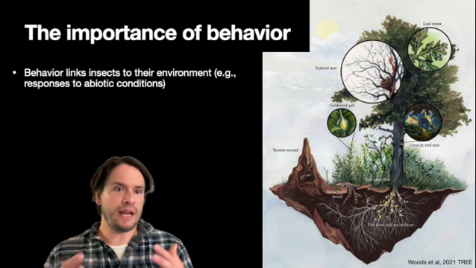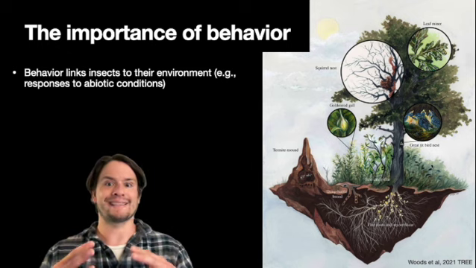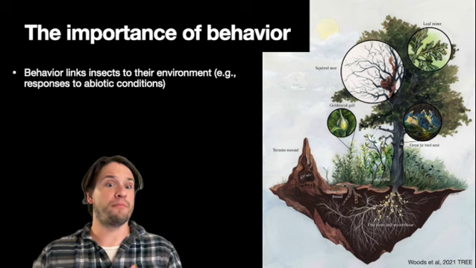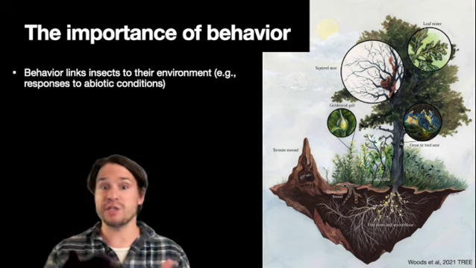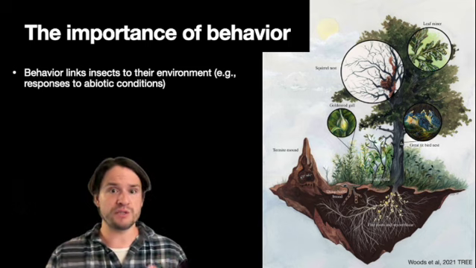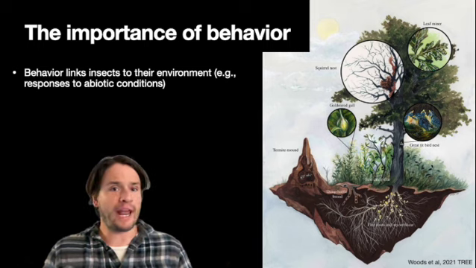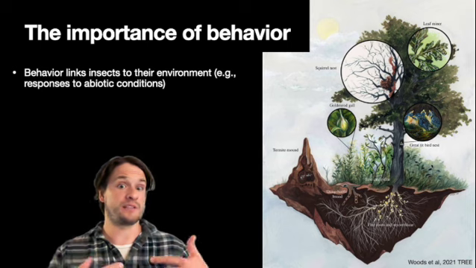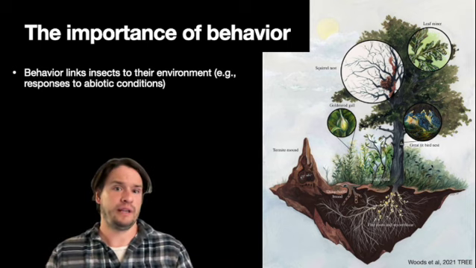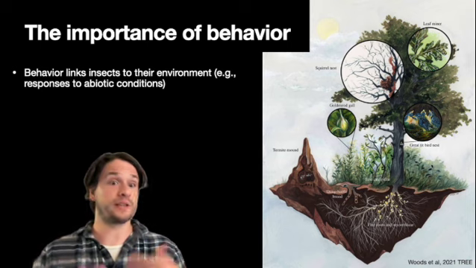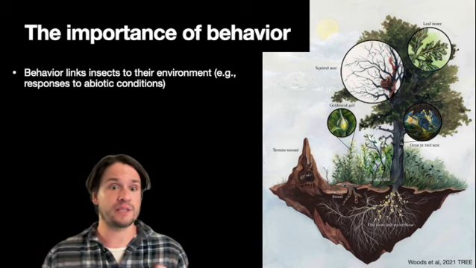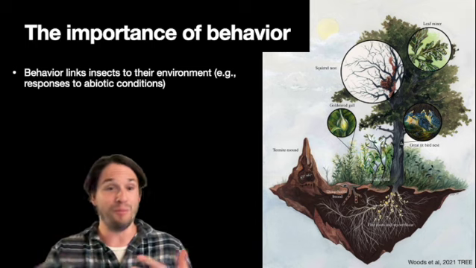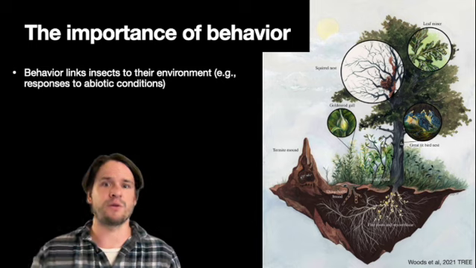There are many different ways in which insects live in this environment. There's also a lot of microclimatic variation. Temperatures can vary, soil conditions vary, and what abiotic or biotic conditions an insect experiences, what its temperature or moisture environment is like, or what species it's interacting with, is highly determined by how it moves through this environment.